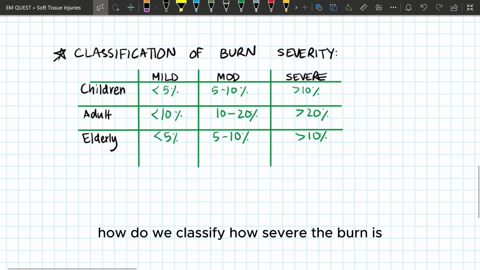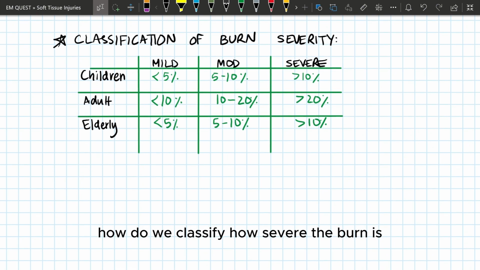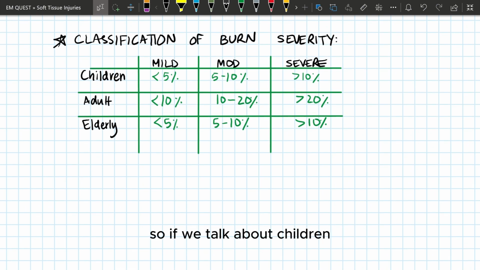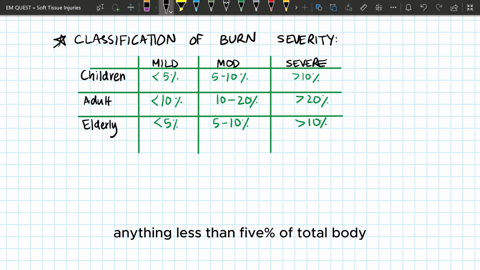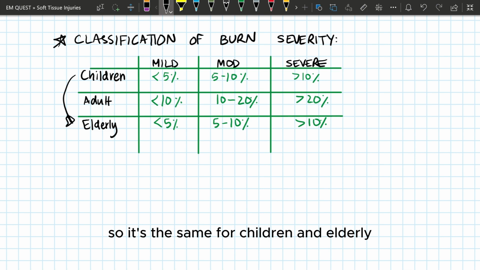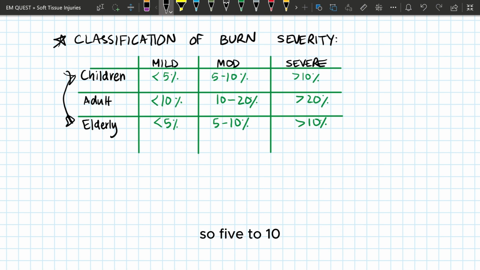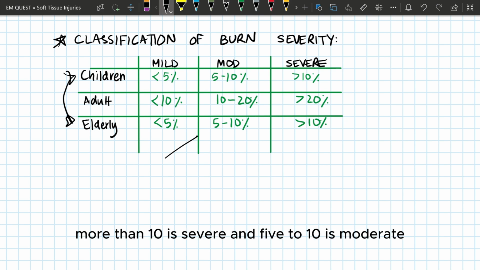So how do we classify how severe the burn is? If we talk about children, anything less than 5% of total body surface area burned is mild, and more than 10% is severe. It's the same for children and elderly: less than 5 is mild, more than 10 is severe, and 5 to 10 is moderate.